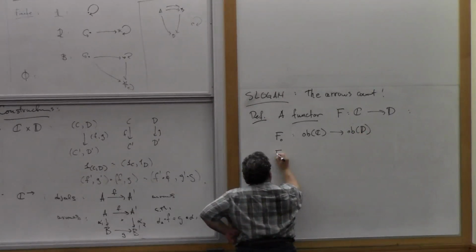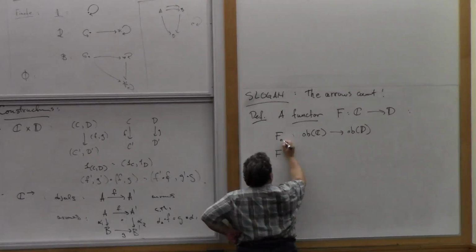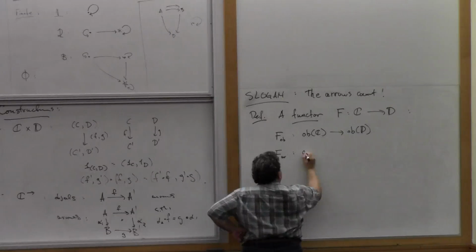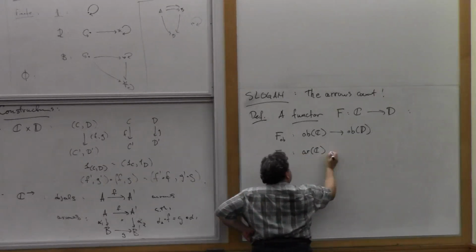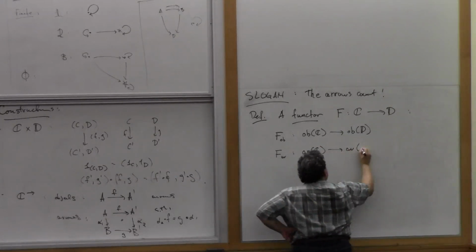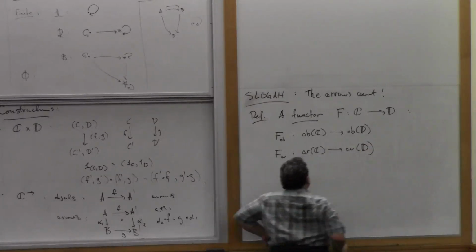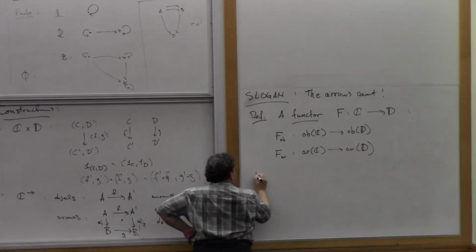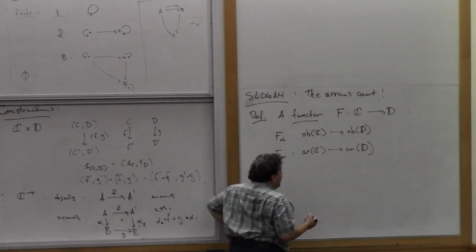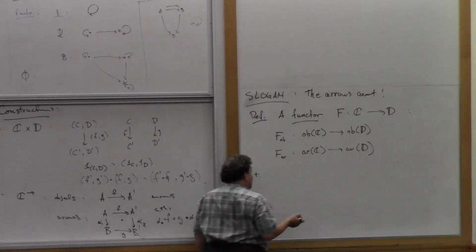And then there's this other part, the arrow part. Let me say, this is the object part, this is the arrow part, which takes the arrows of C to the arrows of D, plus some laws which are best illustrated diagrammatically.